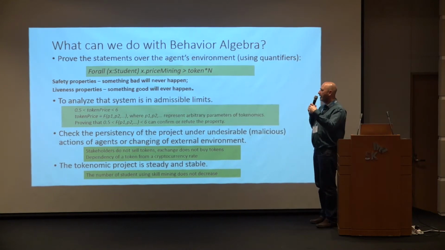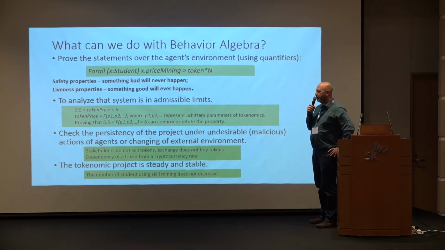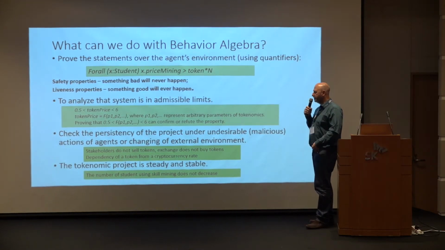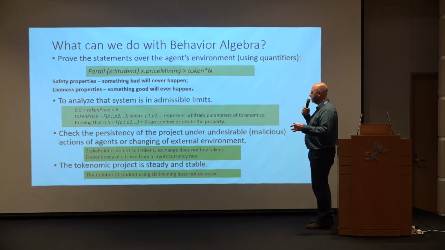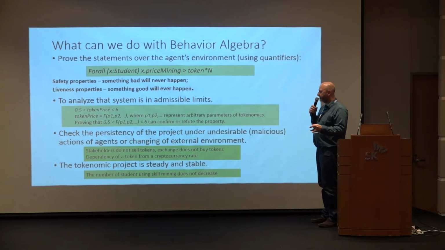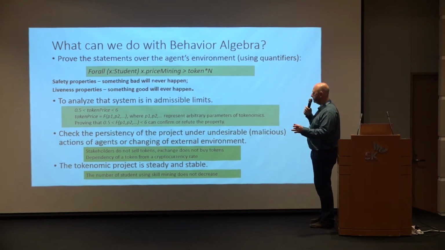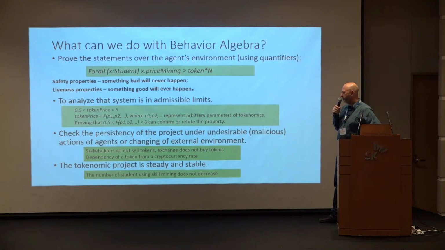For example, the author of the project can assume some dependency of the token on the cryptocurrency rate, and we can analyze the project under this assumption, or if he assumed some malicious actions of the stakeholders, he can also track the behavior of the system. Also, we can use the property that he assumes the project shall be steady and stable.